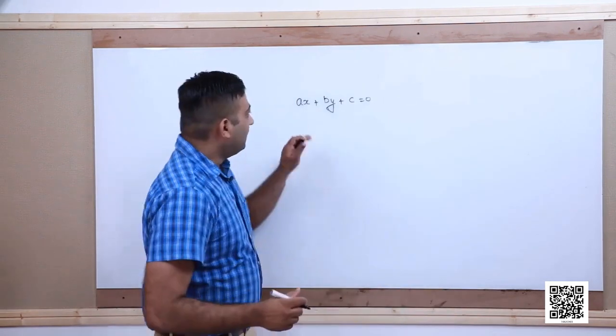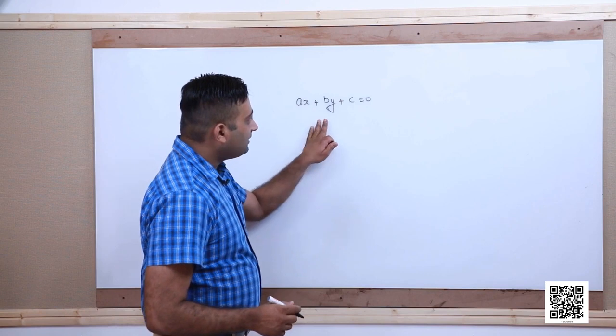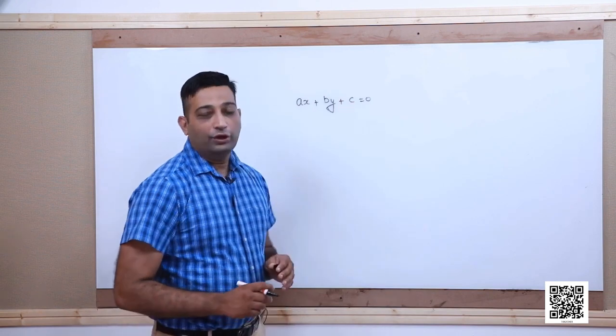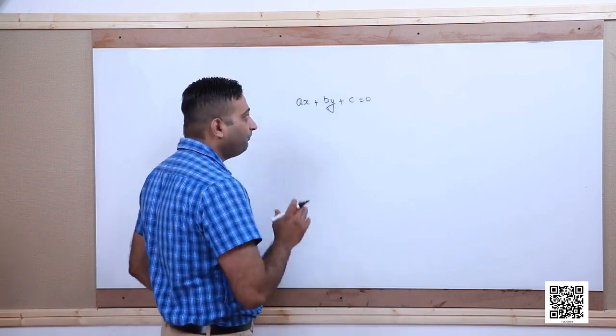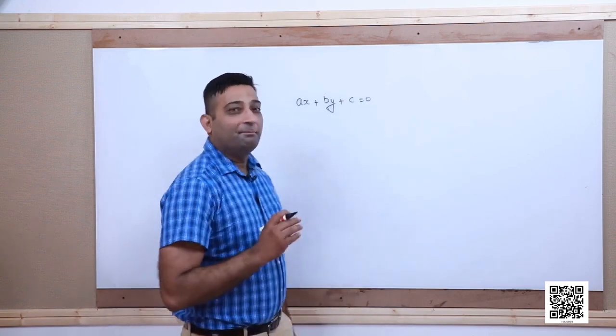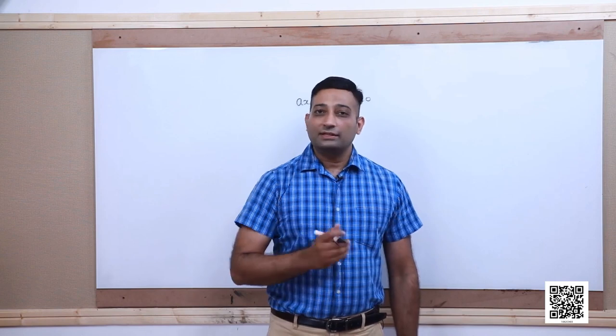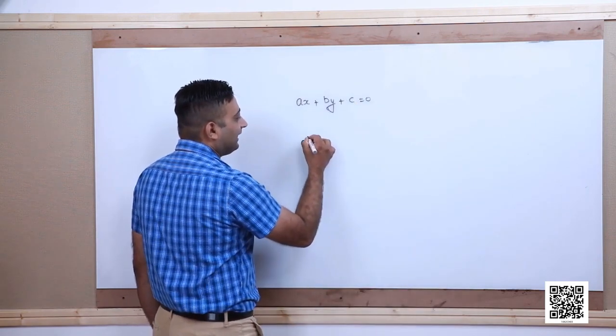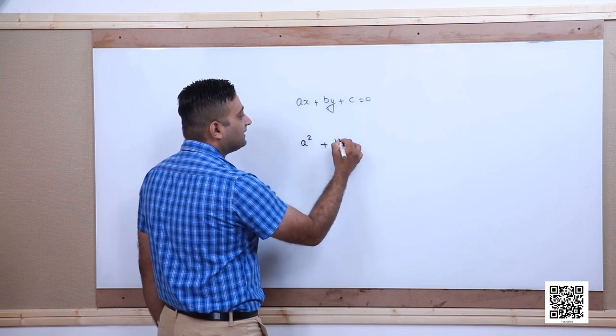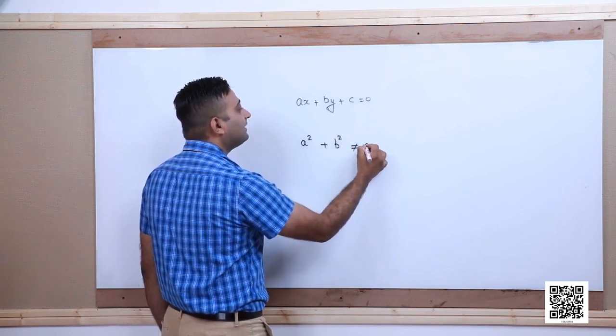Now, the equation ax plus by plus c equal to 0 represents the linear equation in two variables with the condition that both a and b must not be 0 simultaneously. That means we can write this condition as a square plus b square cannot be 0.